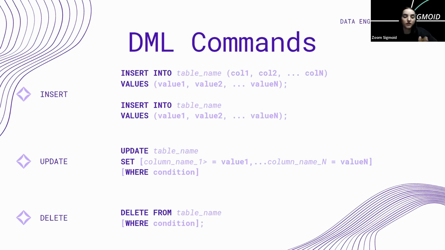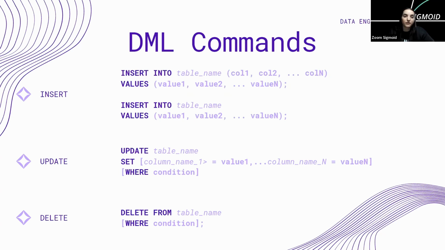Let's say first it's ID, first name, last name, and phone number. If you don't specify the columns in brackets, then it by default fills in this order. So be careful. If you know the structure so well, you don't have to specify. But if you want to add only, for example, 2 out of 5 columns, you will specify the columns.